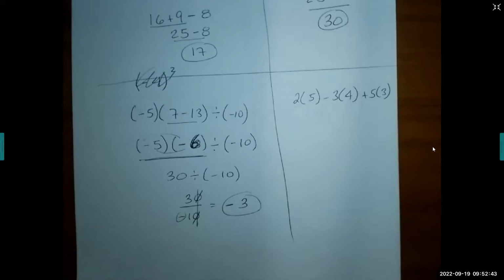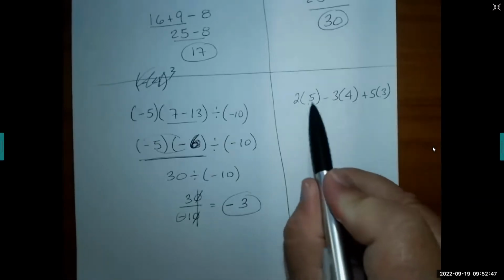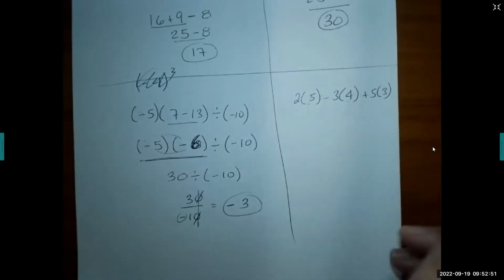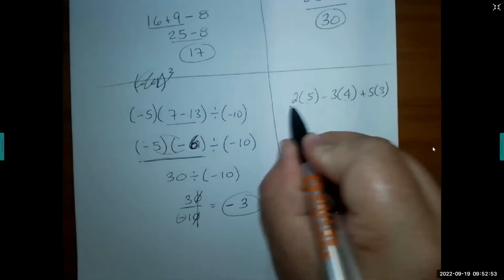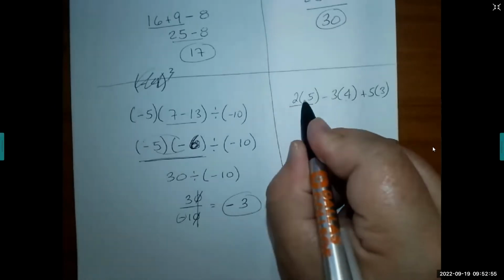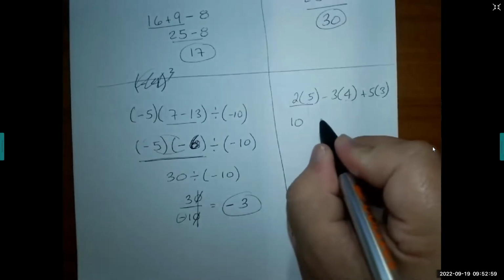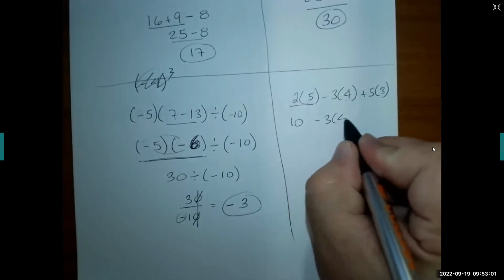Any special operations? No. So I mean, there are, but we can't do anything inside the parentheses. So all special operations are gone. Multiplication division, yes. Positive is positive. 2 times 5 is 10. Bring down everything else.